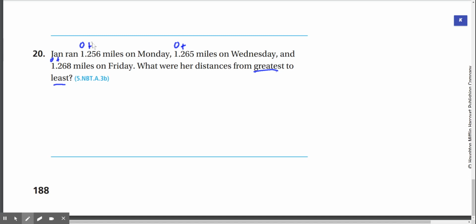And in the hundredths place, Monday has a 5, which is less than Wednesday and Friday. So we know that Monday is not the greatest. And on Friday, we have an 8 in the thousandths place, which is greater than the 5 in the thousandths place on Wednesday. So we know that Friday is the greatest. After Friday is Wednesday, so that's 1.265. And the last number we have is Monday, which is 1.256.